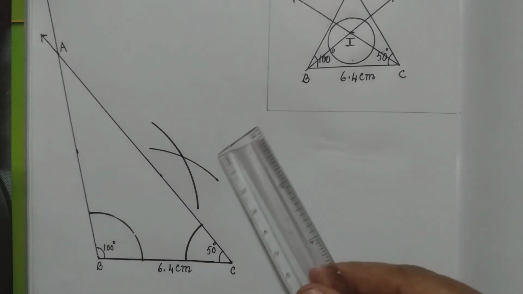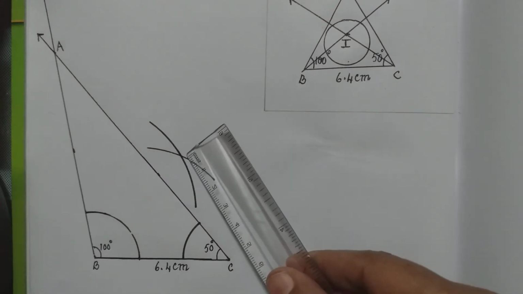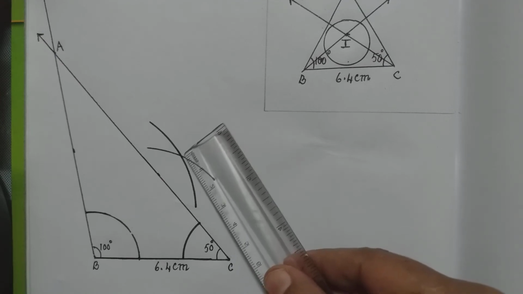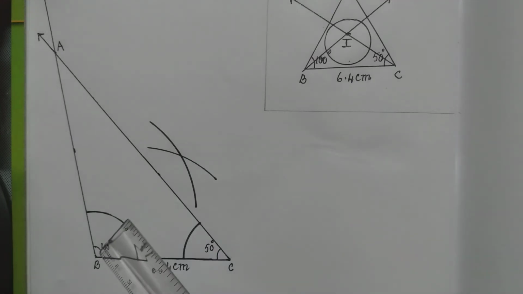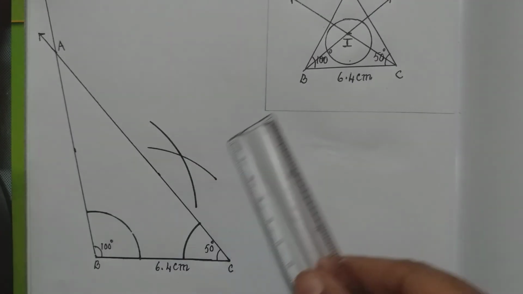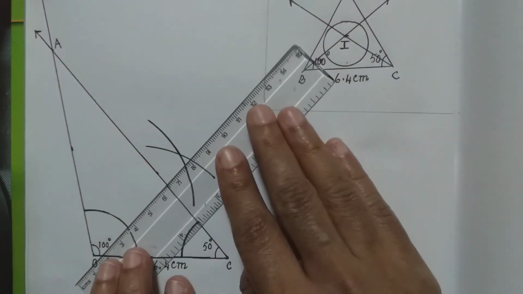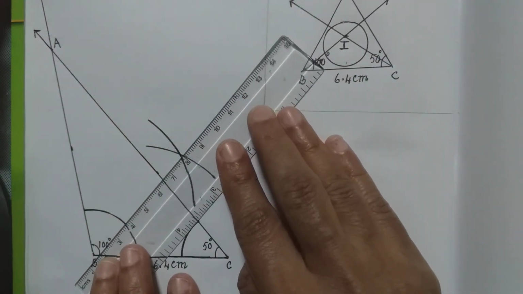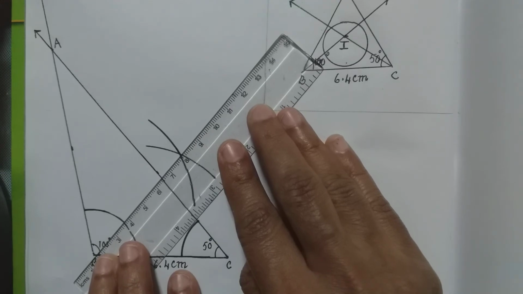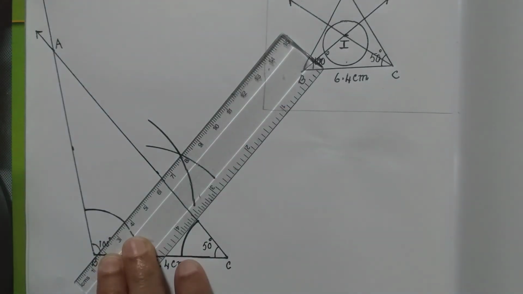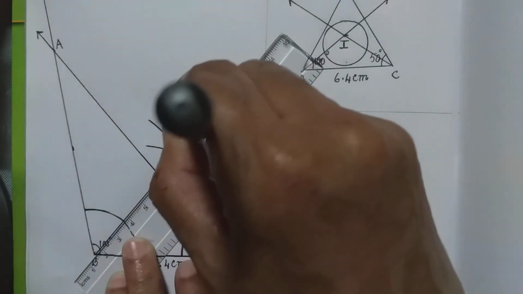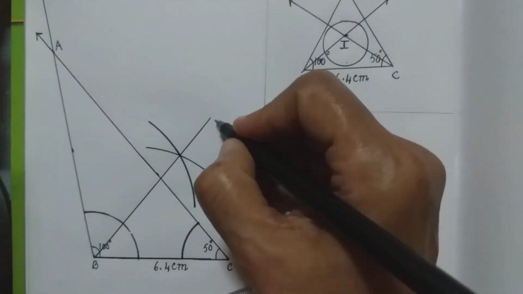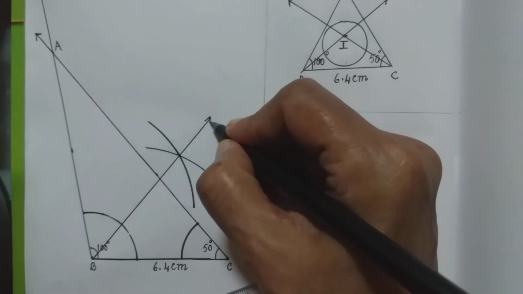This point of intersection of the two arcs has to be joined to this vertex B. So this will be the angle bisector of angle B. I hope all of you have understood clearly how to draw the angle bisector of an angle. Okay, so this is drawn. This is one angle bisector.